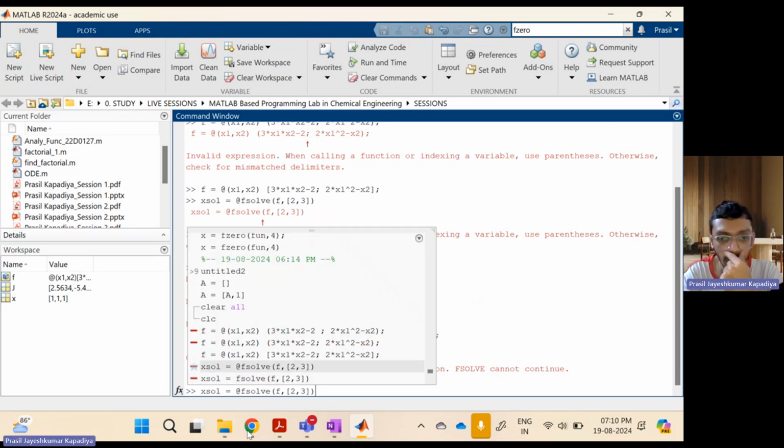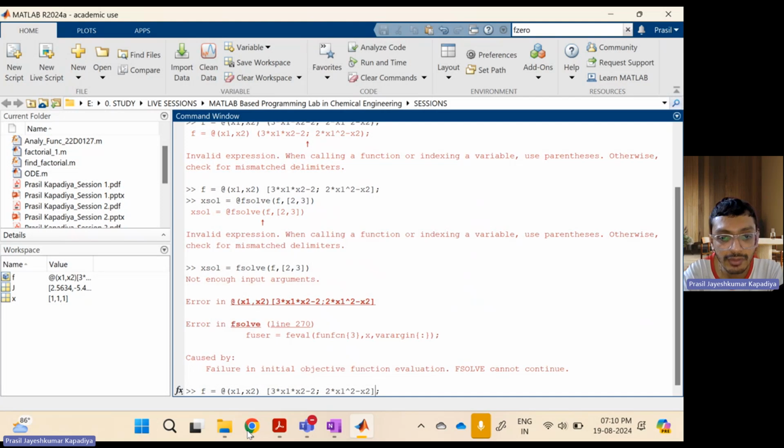Okay, so when we have multiple equations, we need to form it in terms of one x, and we need to define it like x of 1, x of 2, like that.